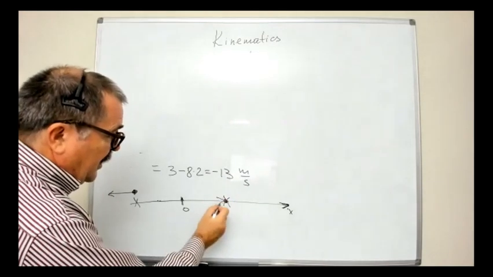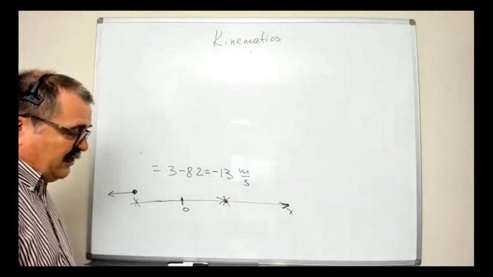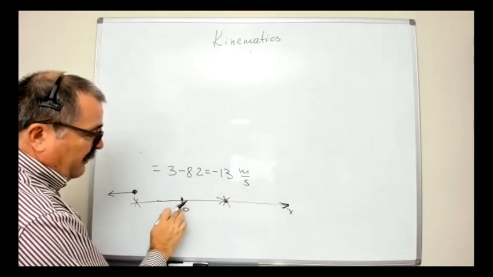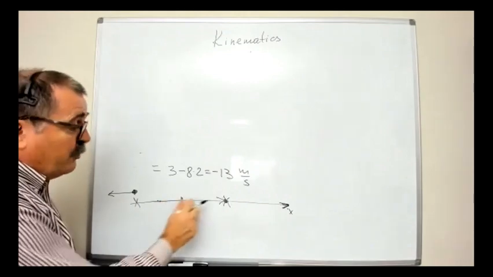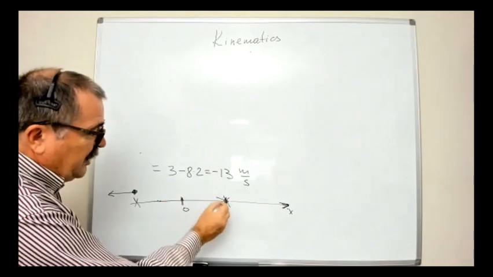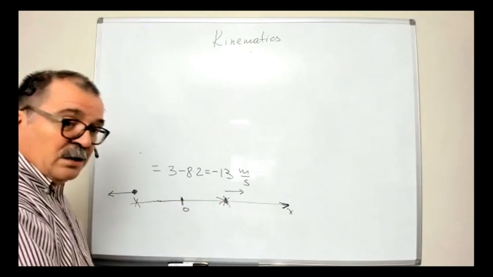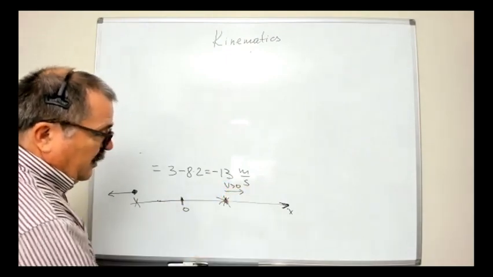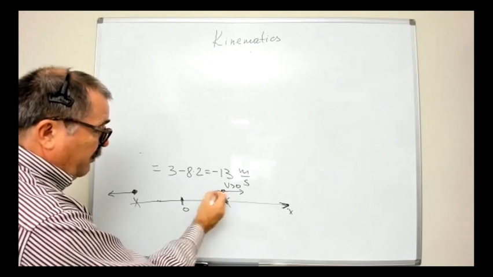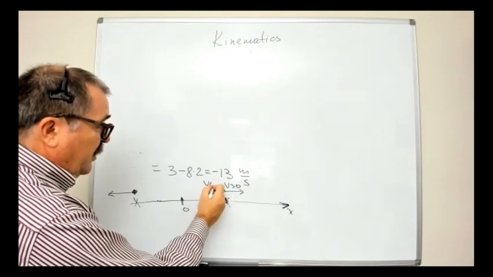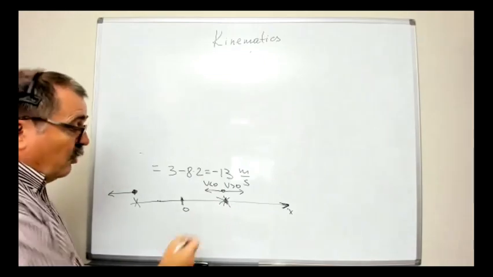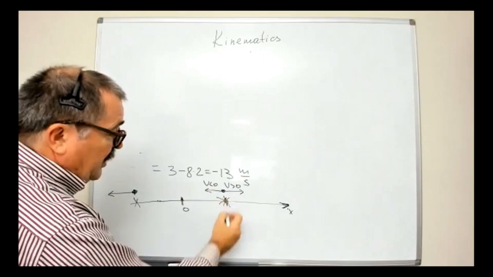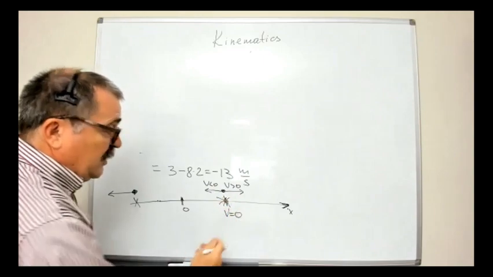It has a positive position because it is displaced to the right from the origin of the coordinate system. But the object can move to the right, so it has a positive velocity, or it can move to the left, so it has a negative velocity, or it may just stay here. In that case, if it's stationary, velocity is 0.